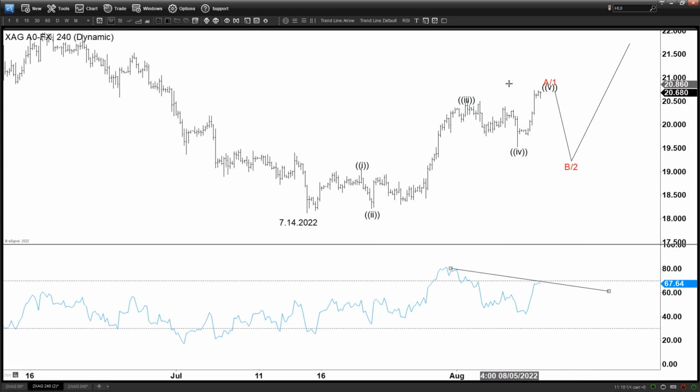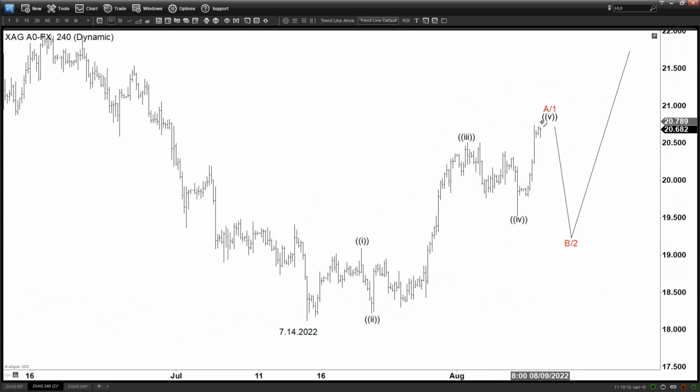But let's say we see something like this and it continues to extend higher. Let's say we do something like this. Instead of correcting the entire 5 waves up in a bigger pullback, it's just pulling back, correcting this, and then rallying again.